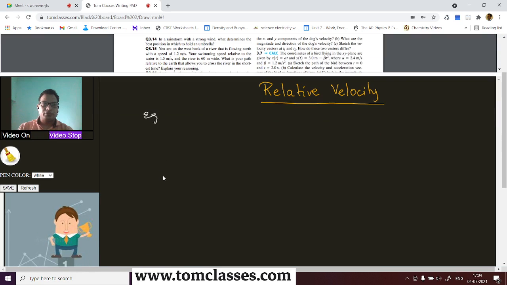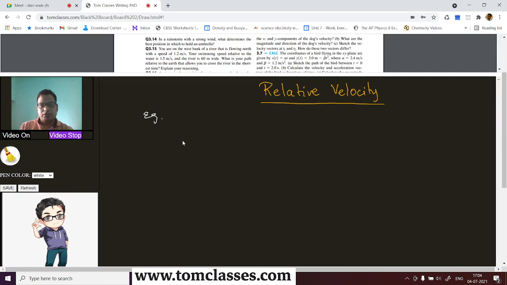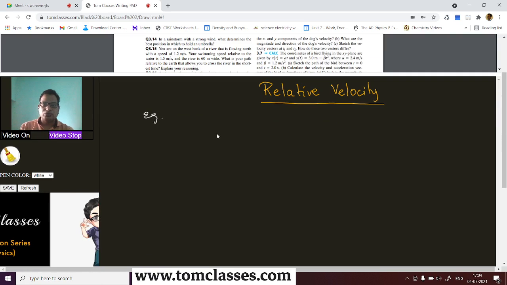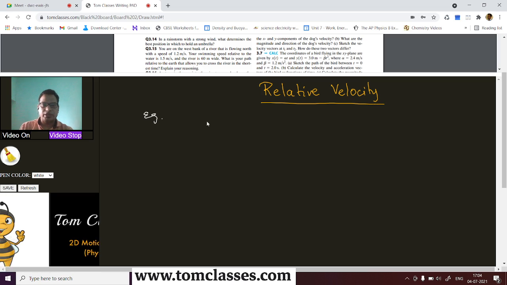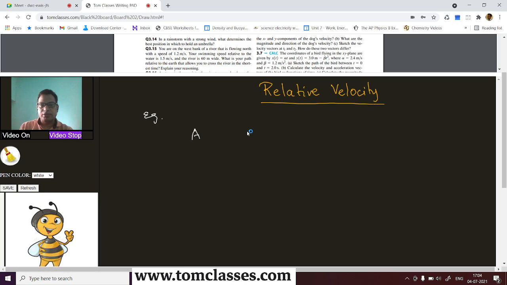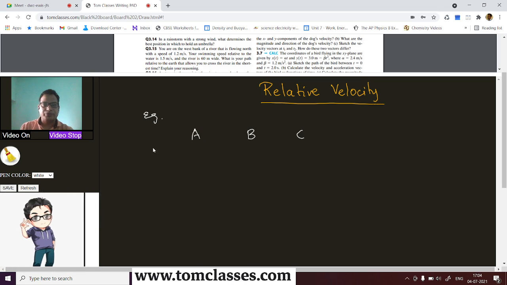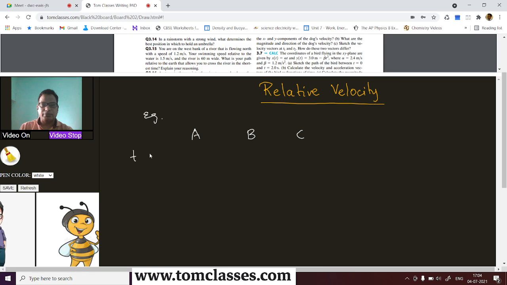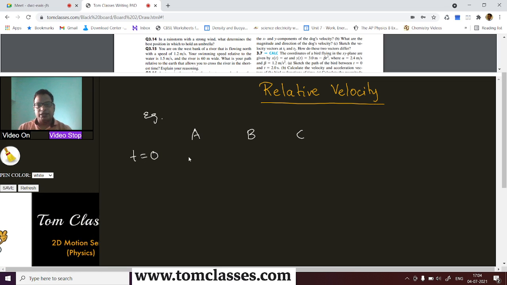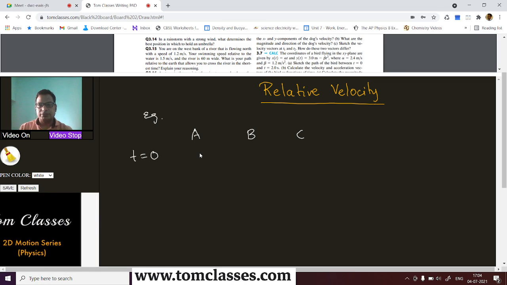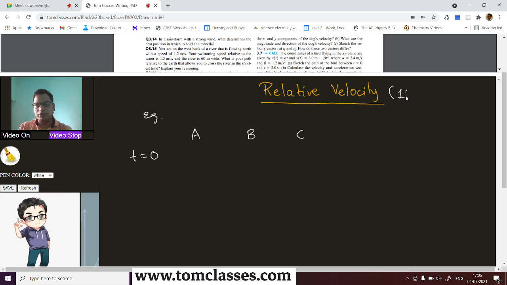Suppose I have been given the data. There is time, right? So let's say that there are three particles. Let me call them particle A, particle B, and particle C, right? And let time t be equal to 0. We are considering relative motion in one dimension for a moment.